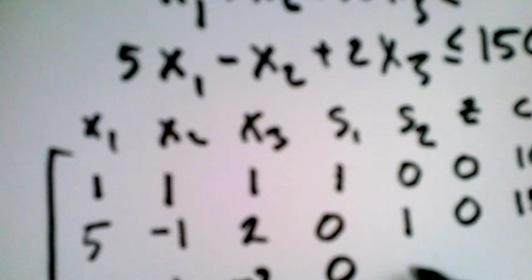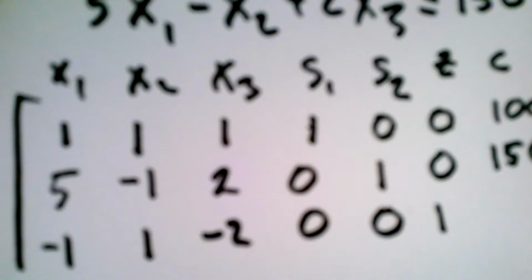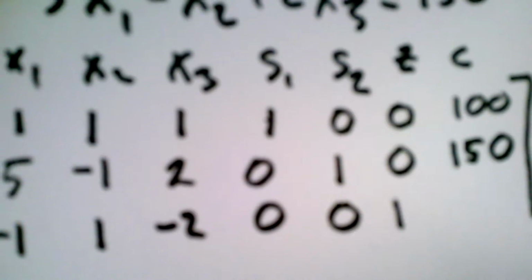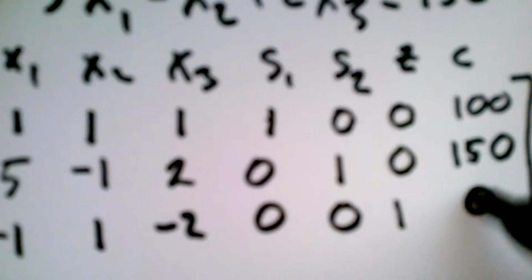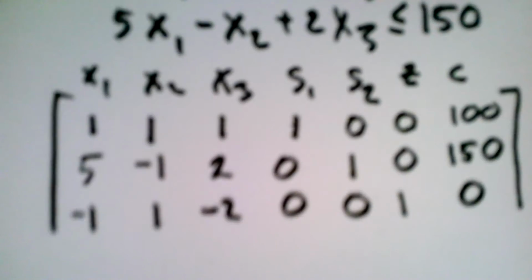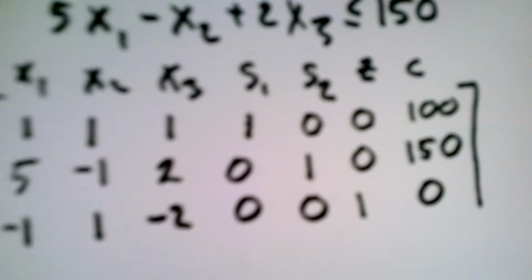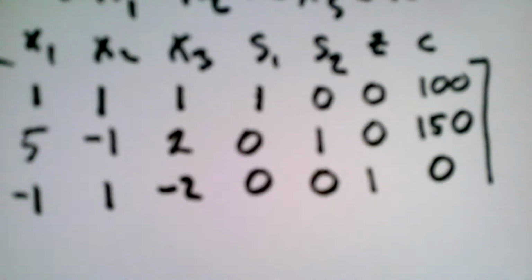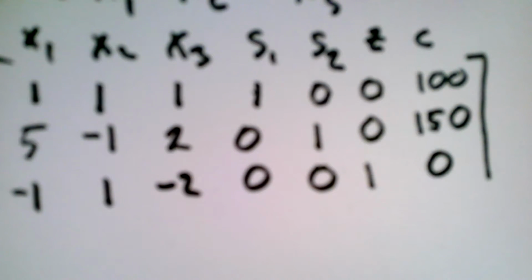There are no slack variables for our objective function, but there is a z, so we put a 1 in the z column. And then our constant is 0. Great. So now we have this as our matrix.